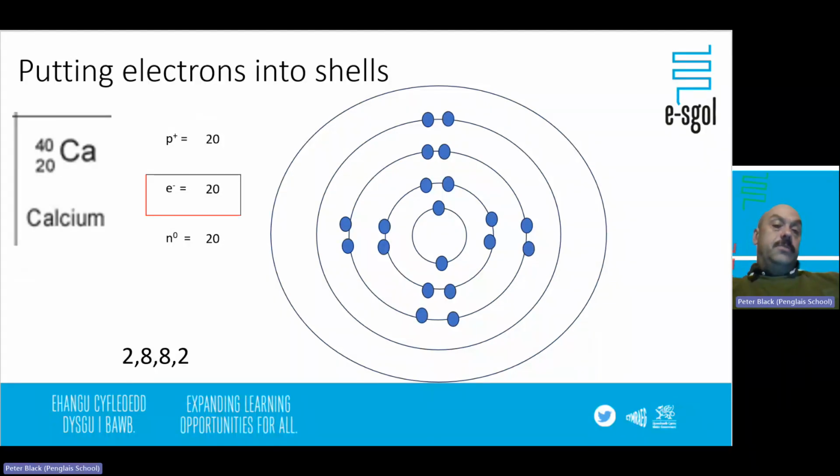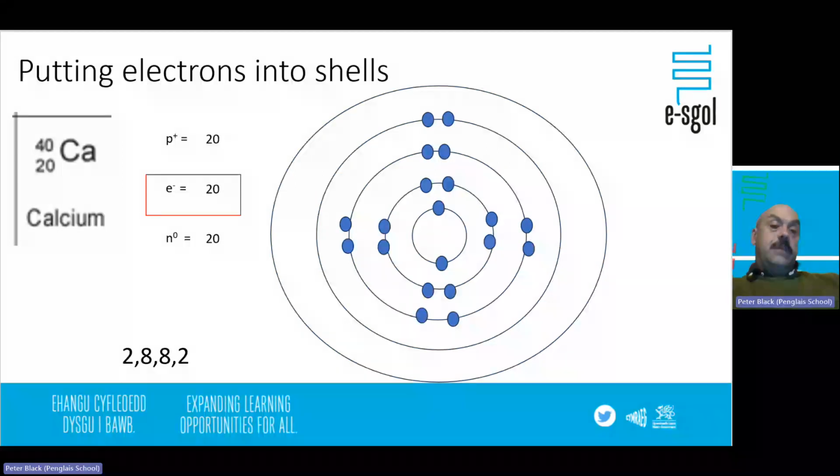We don't move to an outer shell unless an inner shell is full of electrons. And the number of electrons that go in shells at GCSE is very simple. We just say the first shell holds a maximum of 2 electrons, and after this, all subsequent shells can hold up to 8 electrons. It's not quite true, but it works for GCSE.